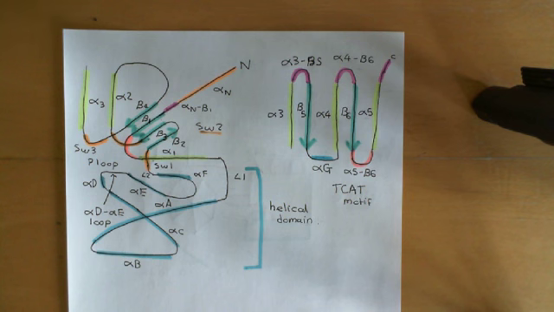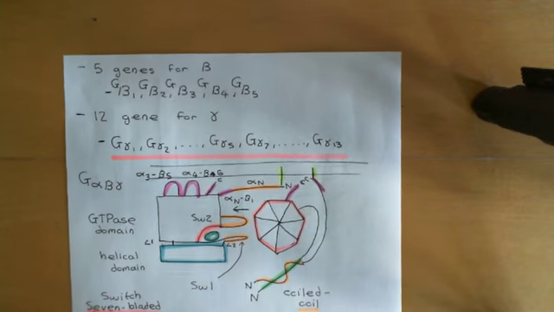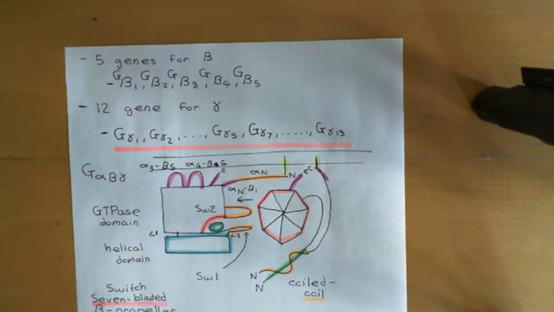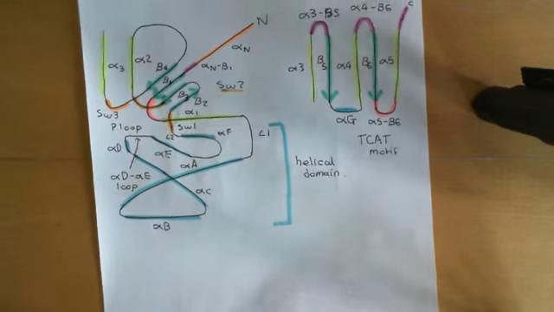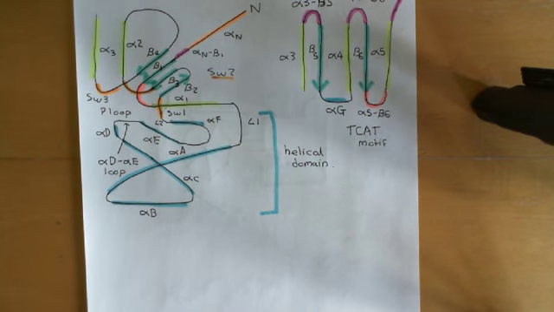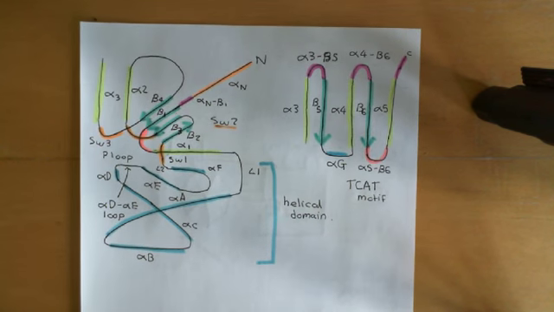Okay, right, so we're going to abandon this for now, okay, and we're going to go back to our cruder picture up here, okay, and we're going to have a look at how the heterotrimeric G protein binds to the G protein coupled receptor, okay, and then we'll come back to this picture after that to look at, once it's bound to the G protein coupled receptor, what conformational changes are going to occur that lead to the release of the GDP.